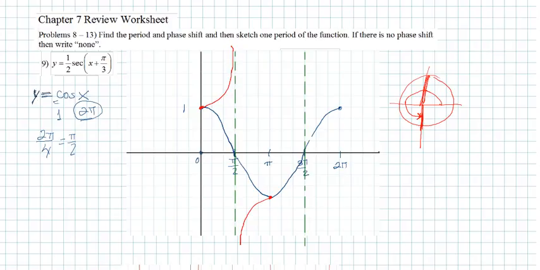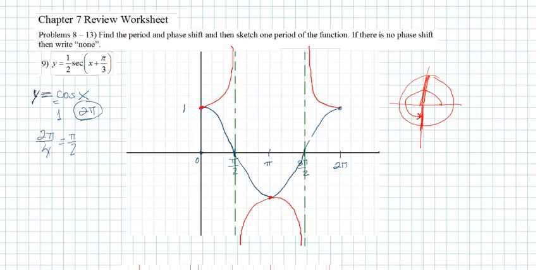And again, your secant tends to go the opposite way because it is a reciprocal, but it never touches the asymptote. Same thing here. It tends to go the opposite way. So that's one period of the secant. Notice we have this red one right here, and then this red one, and then this red one right here.